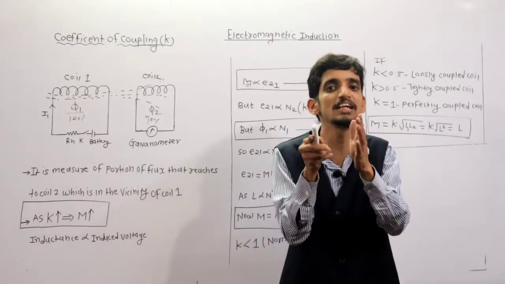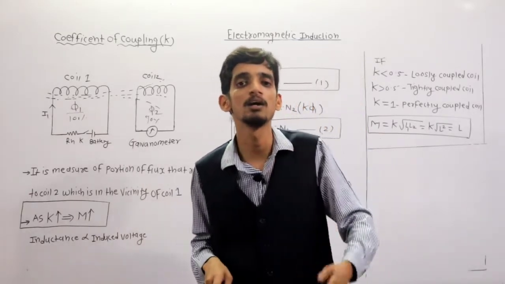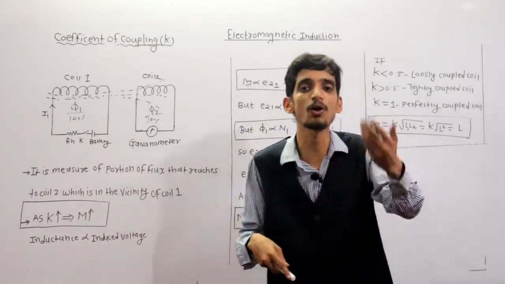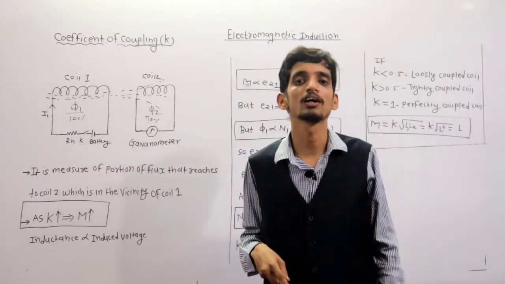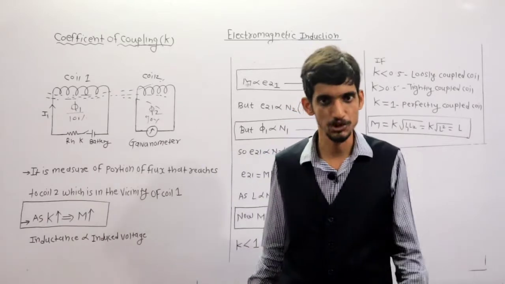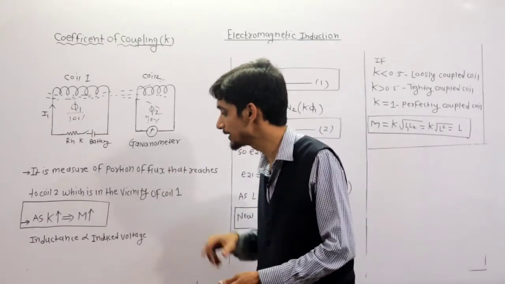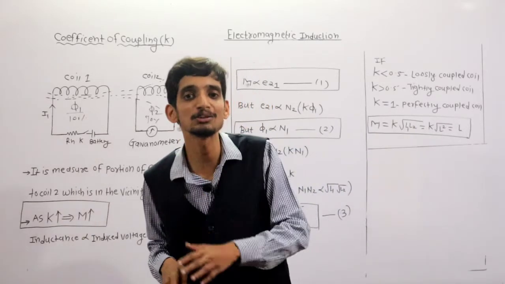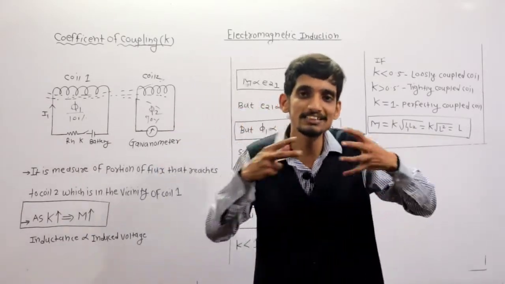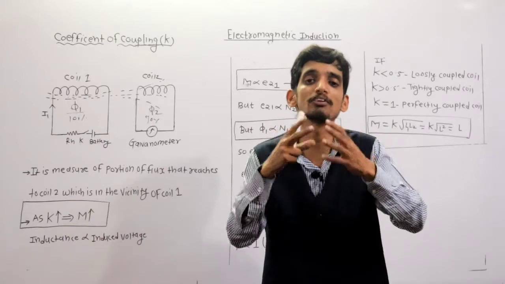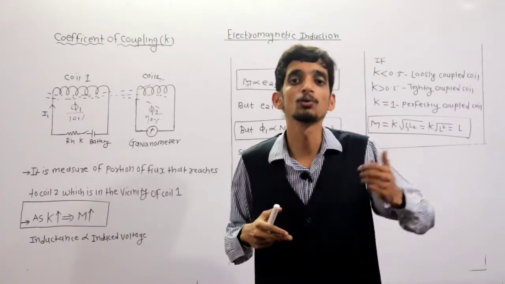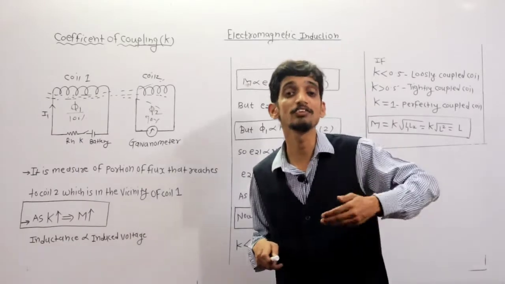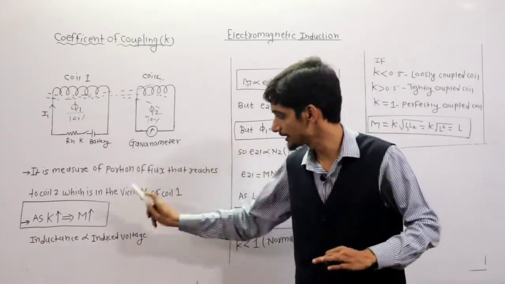Only some percentage of flux is coupled with the second coil. Clear? That percentage is called the coefficient of coupling, or coupling percentage. So, as the coefficient of coupling is more, the mutual inductance is also more, because then the interaction between the two coils is good. If K increases, M also increases.